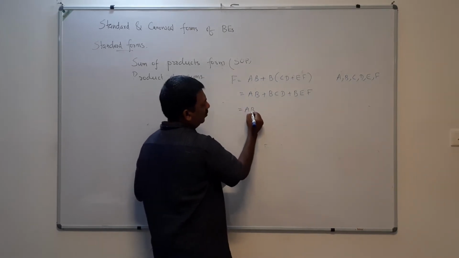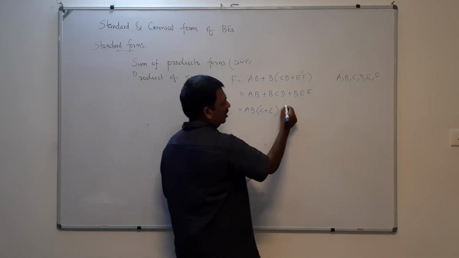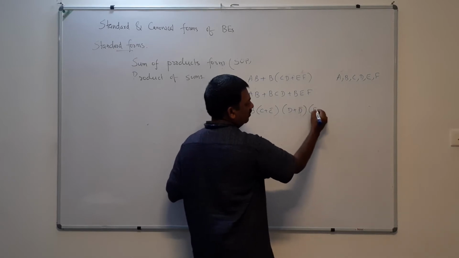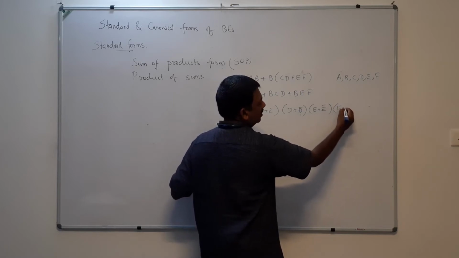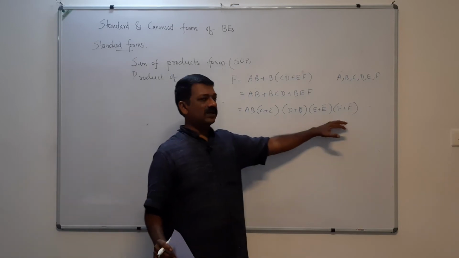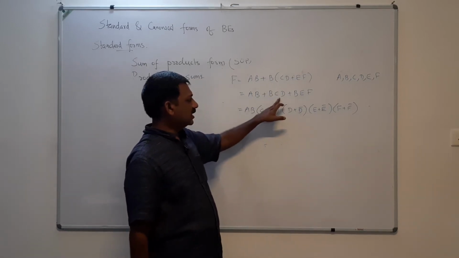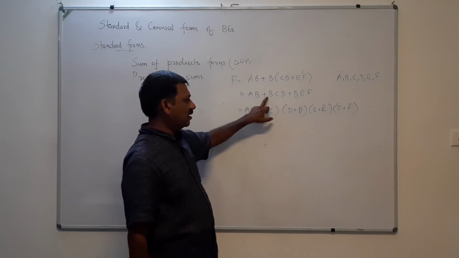AB into C is not there, so multiply by C plus C bar, D plus D bar, E plus E bar and F plus F bar. That means all this multiplication you have to do. Then what about BCD? It is lacking A, so you have to multiply that with A plus A bar.